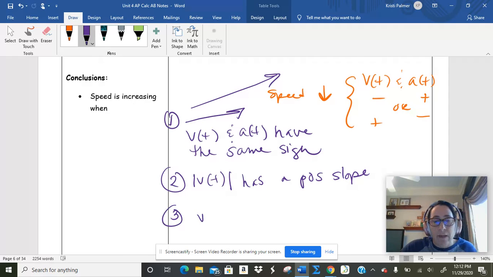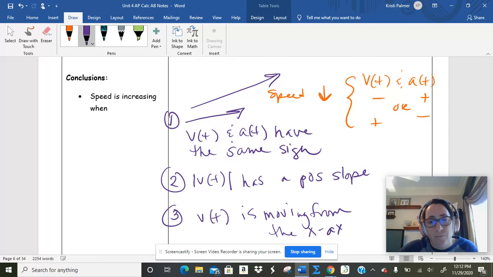Three, if I just looked at the V of t graph, I would look where V of t is moving away from the x-axis. So we have several options to pick from of when speed can be increasing. And it just depends on the problem to know what you want to do.